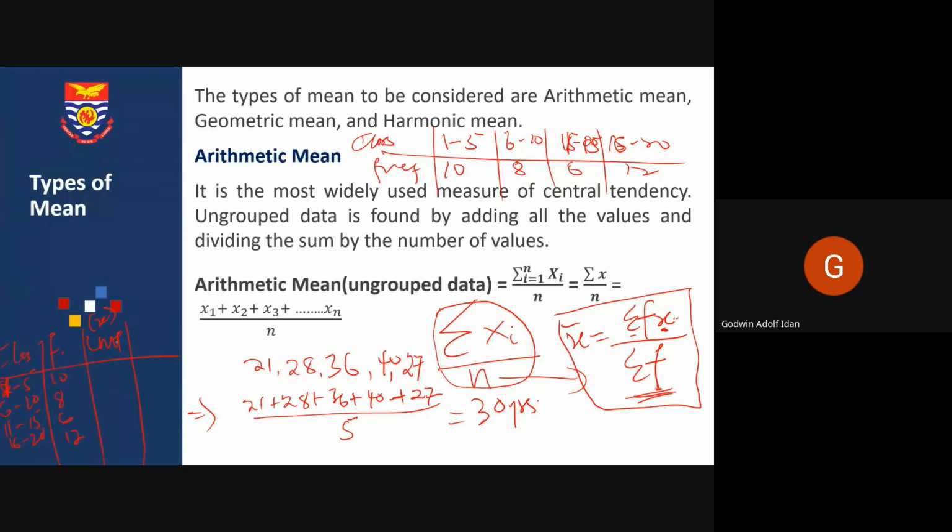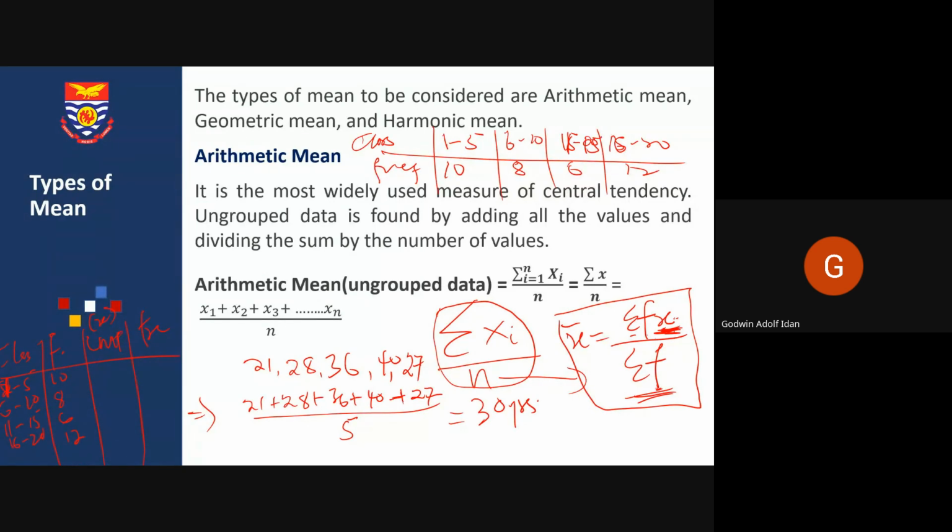So the class midpoint becomes the X value here in the formula. And then you have X multiplying your frequency.